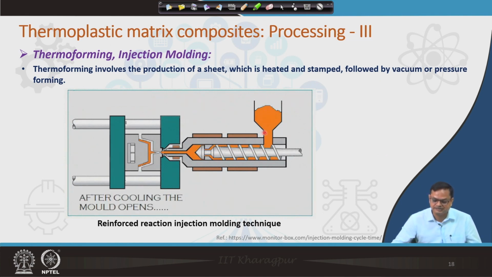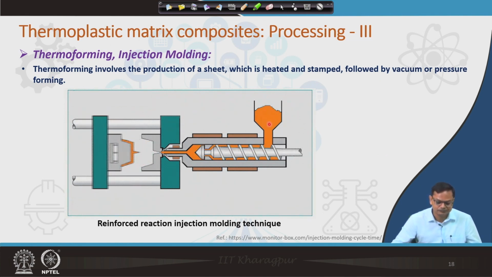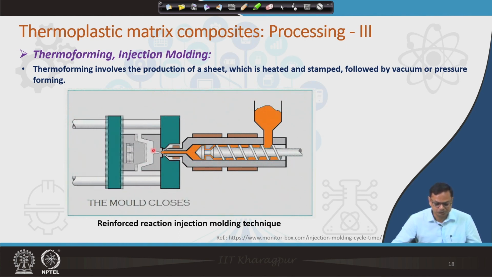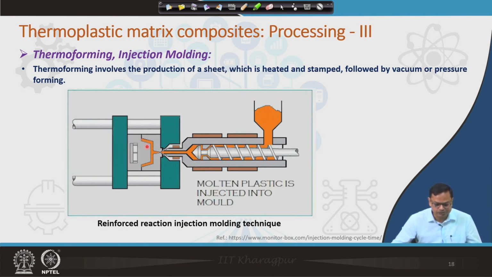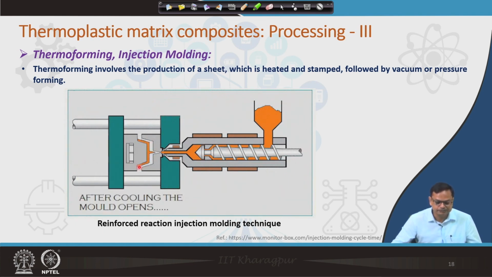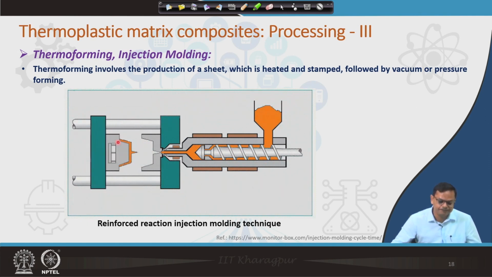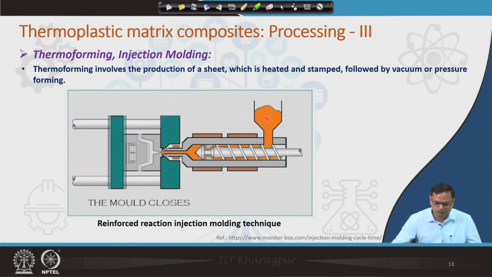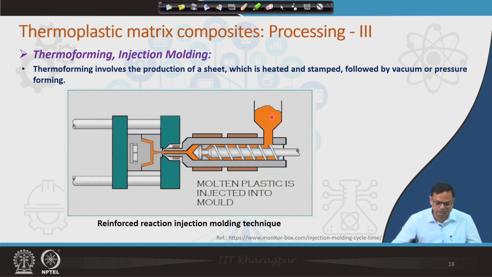So, there is this thermoplastic polymer, okay, and you see it is being shown here. There will be a preform, and this preform is getting impregnated or infiltrated with this thermoplastic polymer. Okay.